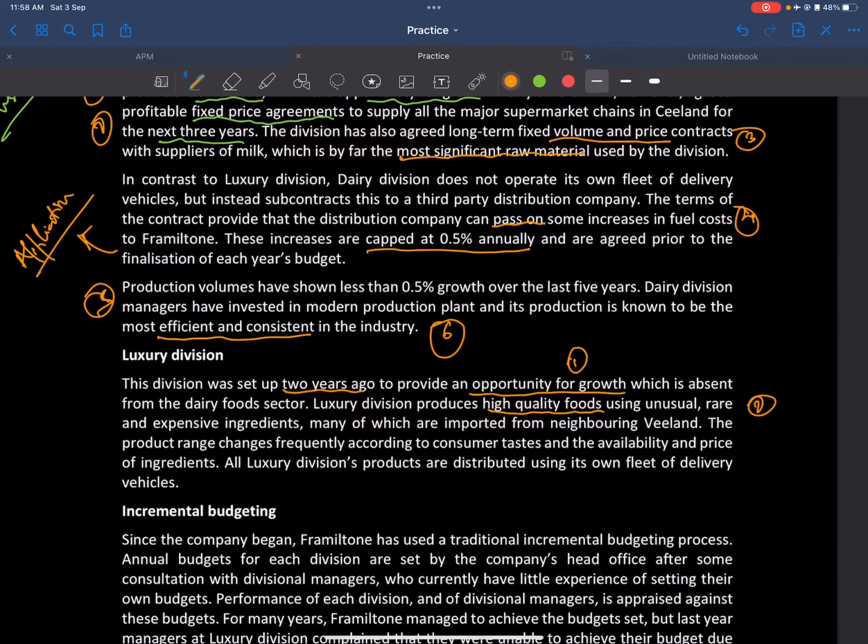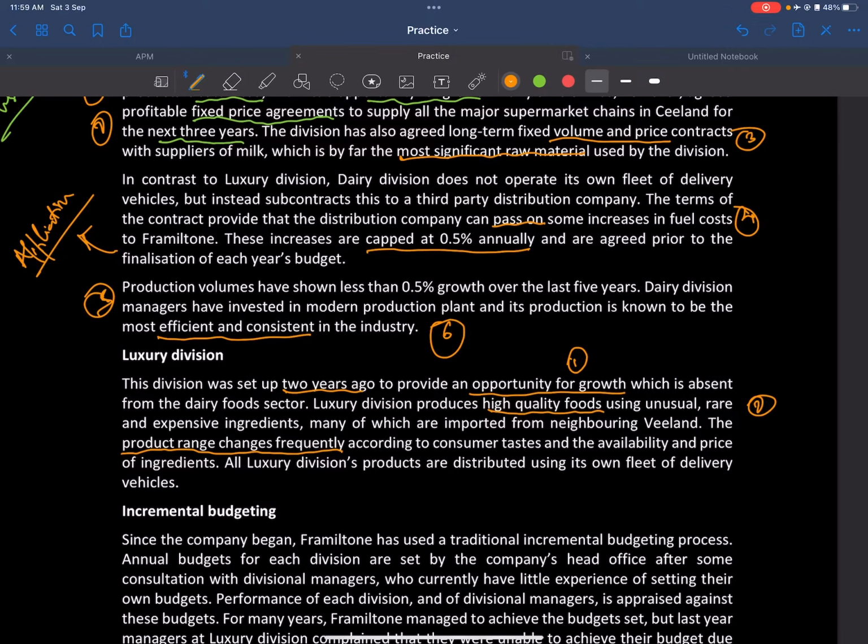It's importing. That means there will be some implications associated with its costs. Okay, and what else, the product range changes frequently, right? So range is changing according to consumer taste and availability and prices of ingredients. Even the cost itself is unpredictable, your revenue itself is unpredictable, right?